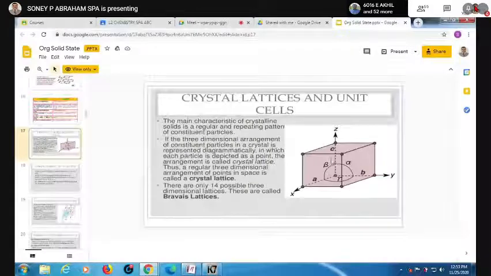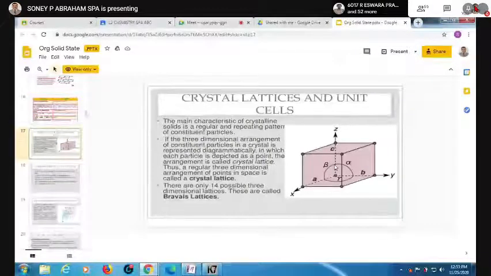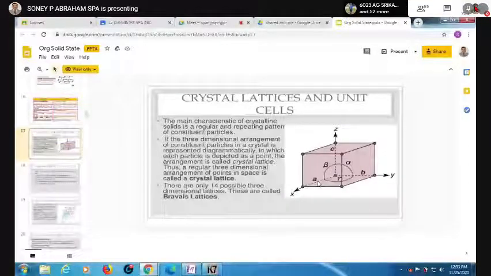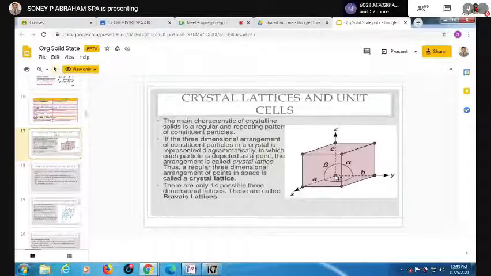This unit cell will be characterized by six parameters: three length parameters and three angle parameters. You can see that this length is a, this length is b, and the height is c.